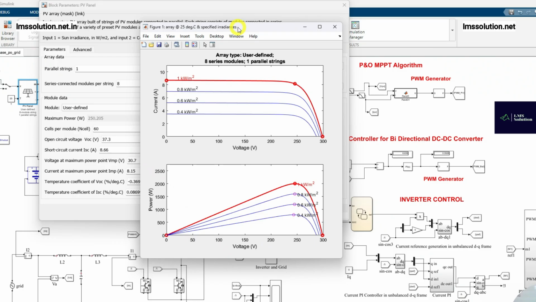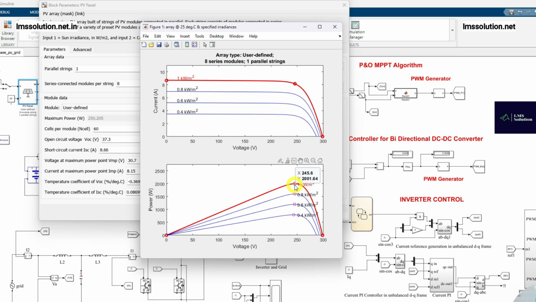Here this is a peak point for 1000 watts per meter square, this is a peak point for 800, this is for 600, and this is for 400 watts per meter square.